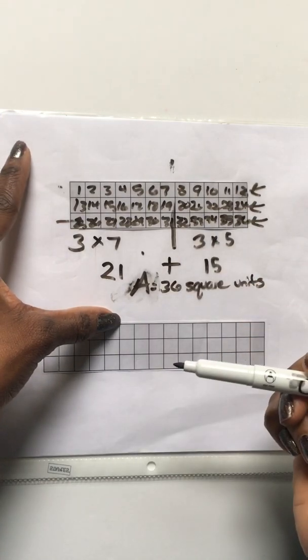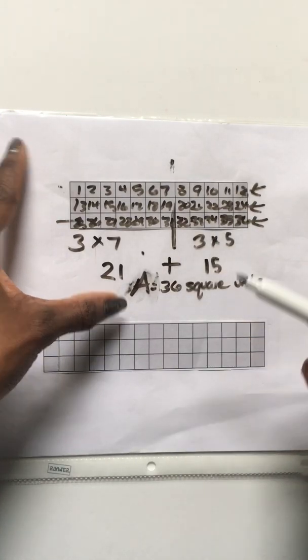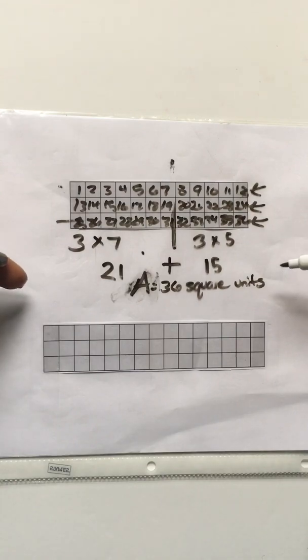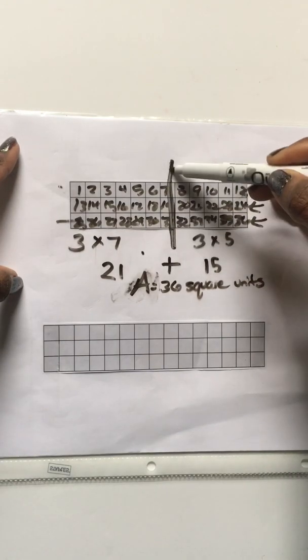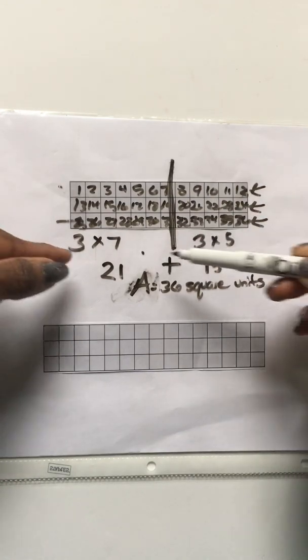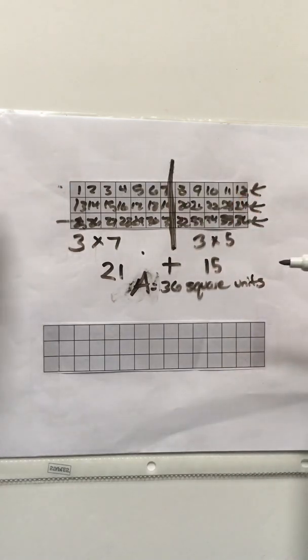Whew, that's a lot of counting square units. Again, it's easier to simply use the distributive property to help me find the area of the total figure.